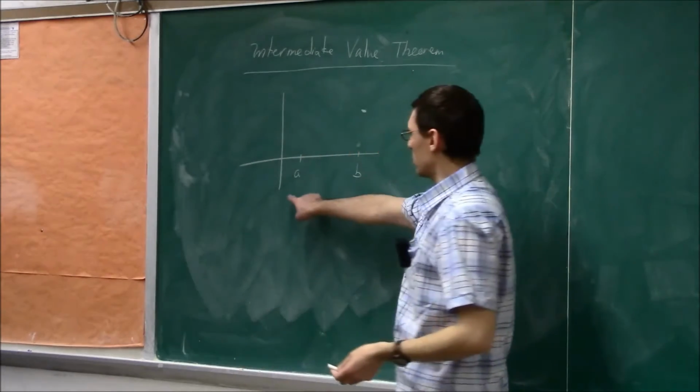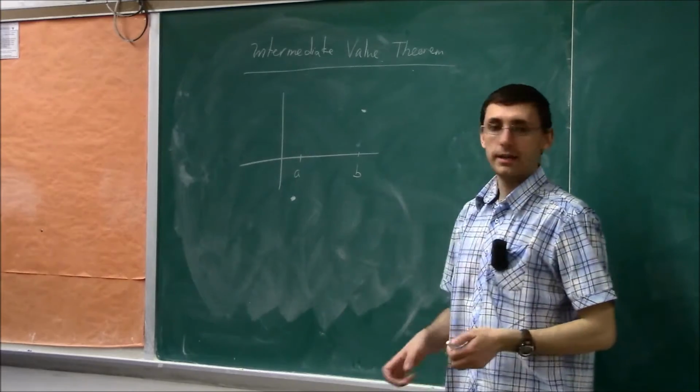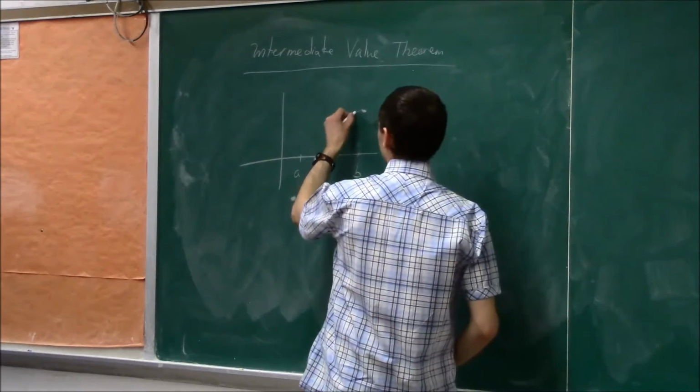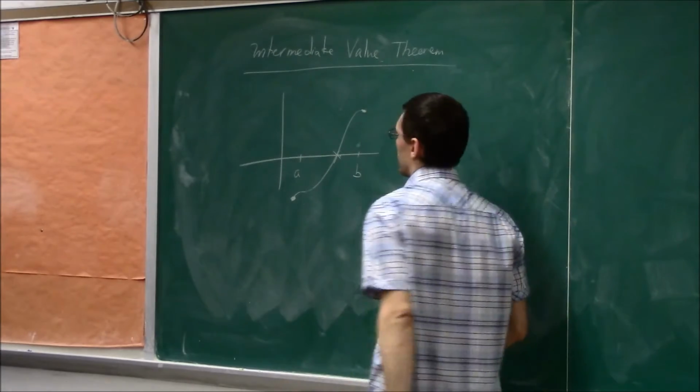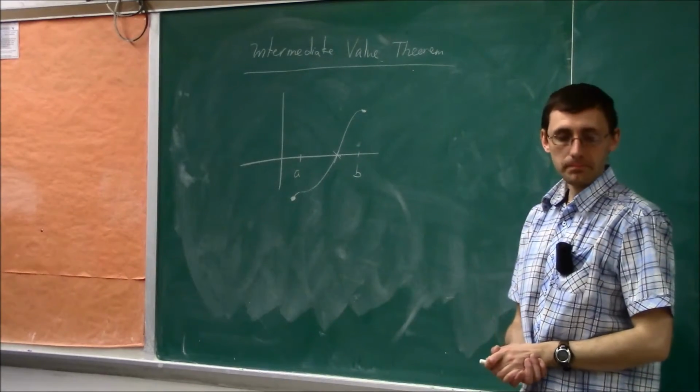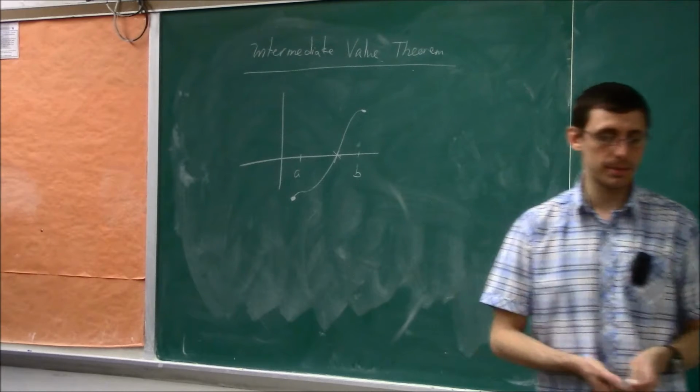Now, no matter how you connect those 2 points by an invisible wire, the curve has to cross the x-axis at least once. So here is how this idea may be applied.